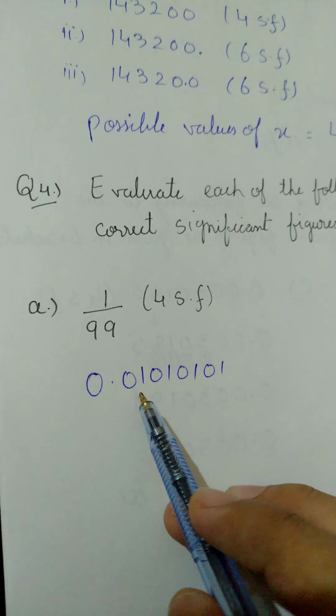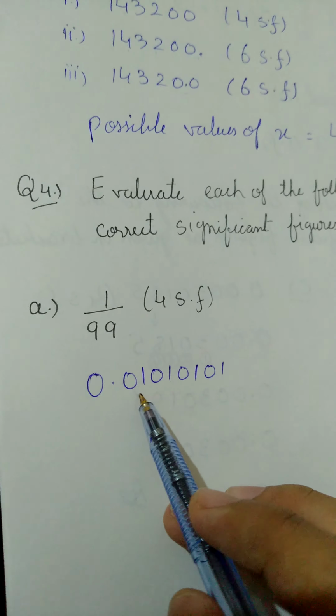So where can I find the 4 significant figures? These two are leading zeros, they are insignificant. This is my first value, second, third and fourth. As I said earlier in question 2 part A, if there is a decimal point involved and a given number of significant figures, we will only write the values up to that particular significant figure.